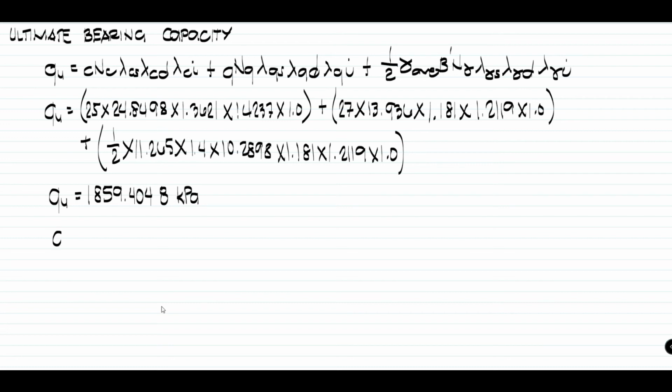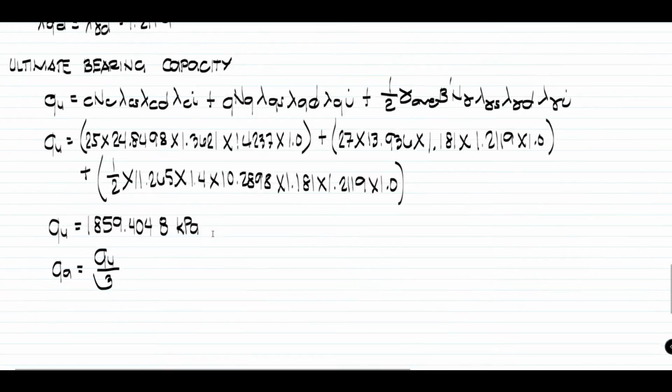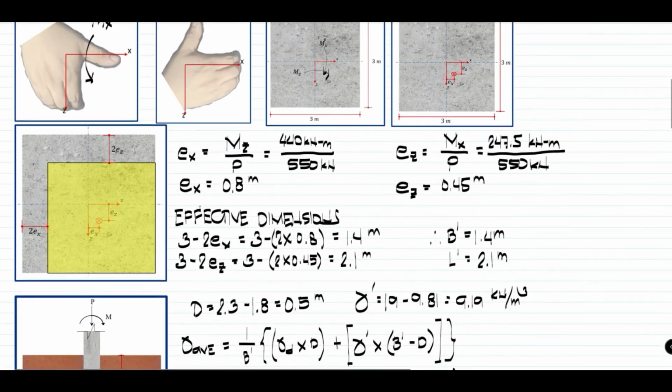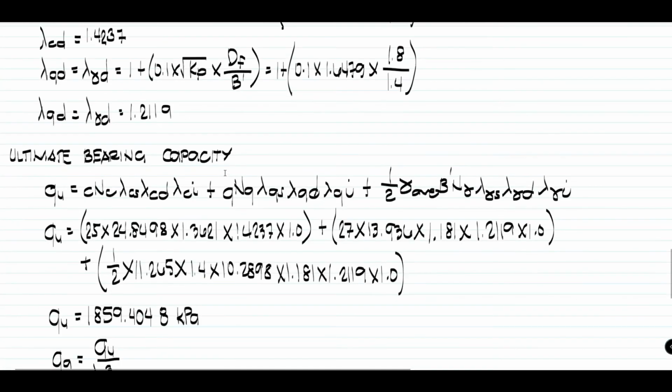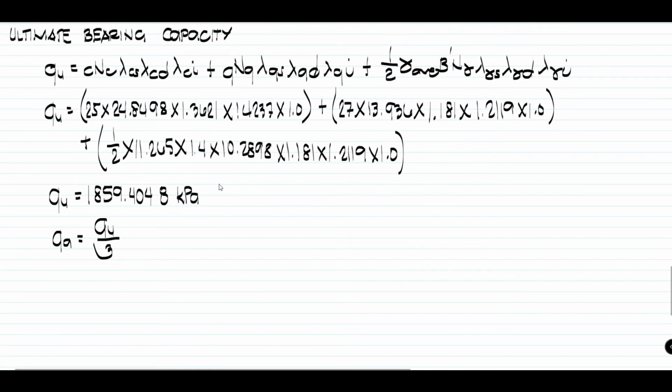Our QA will just be equivalent to QU divided by 3. So, walang binanggit na factor of safety na gagamitin, pero pinapahanap niya kasi tayo ng allowable bearing capacity. So, ang safe factor of safety for the allowable bearing capacity is 3. So, kaya 3 yung ginamit ko for the factor of safety.